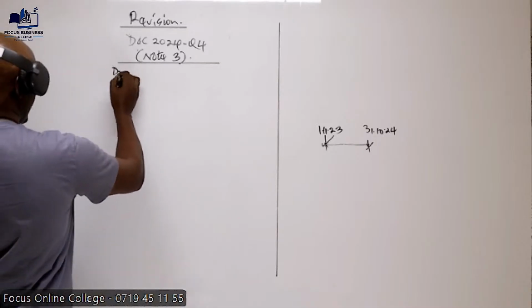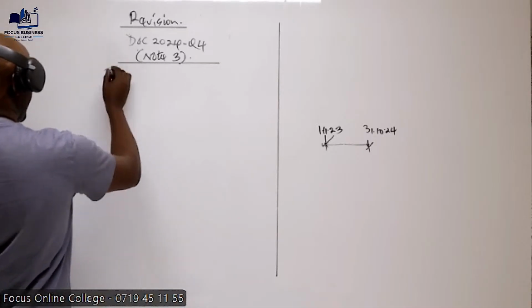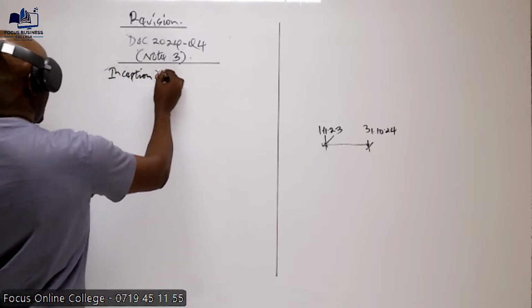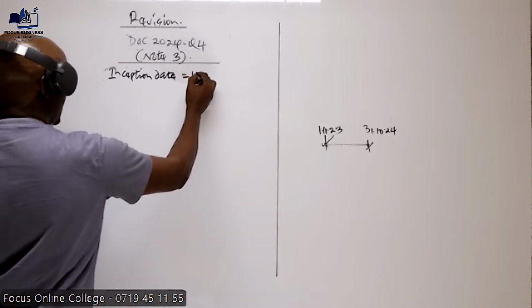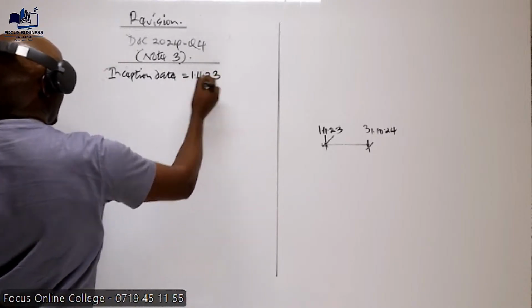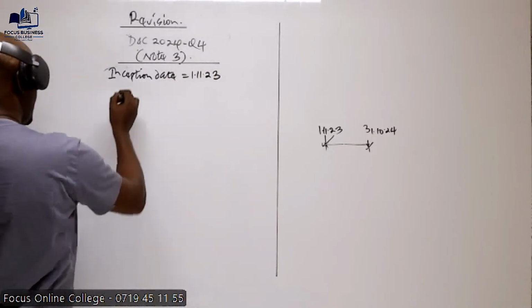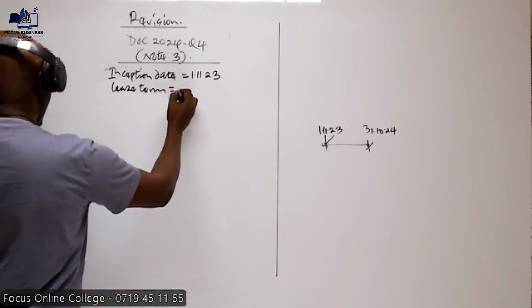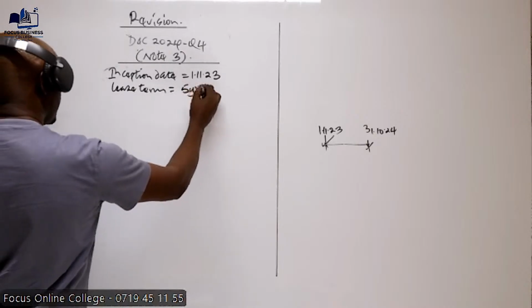So first of all, you are given the inception date of the lease. Remember, the inception date of the lease is basically the date when the lease commenced. That is 1st of November 2023. And then you are given the lease term. This company leased that particular asset for 5 years.